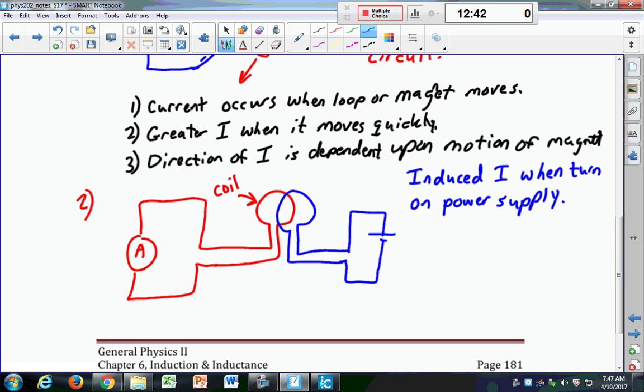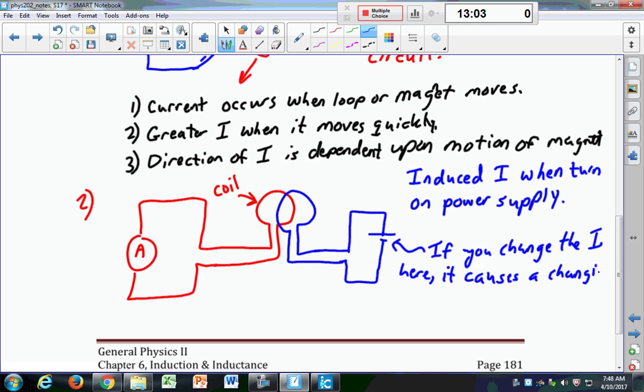An induced current when you turn on the power supply. And then if you can change the current here, it causes a changing magnetic field here.